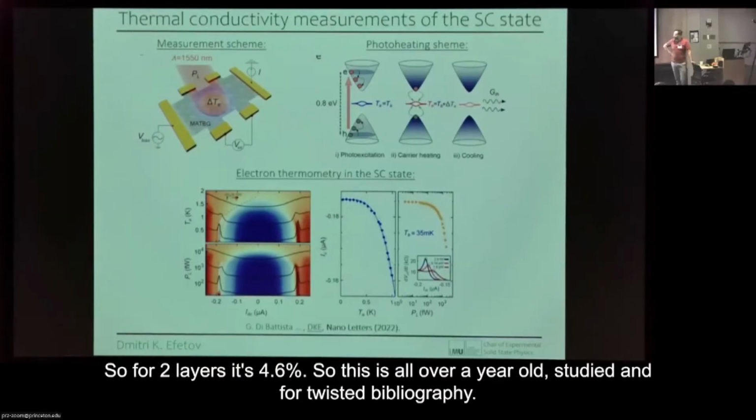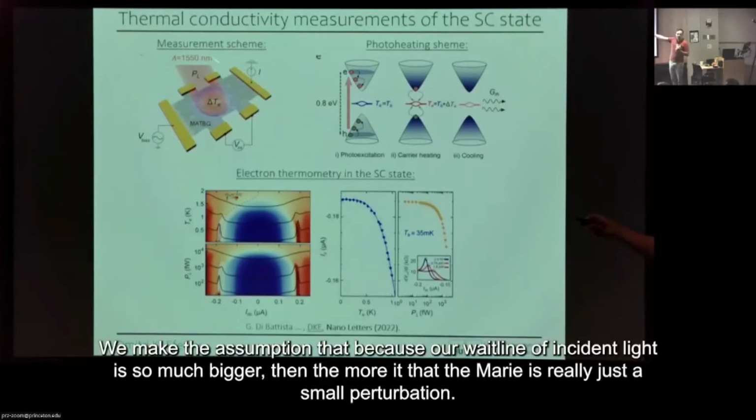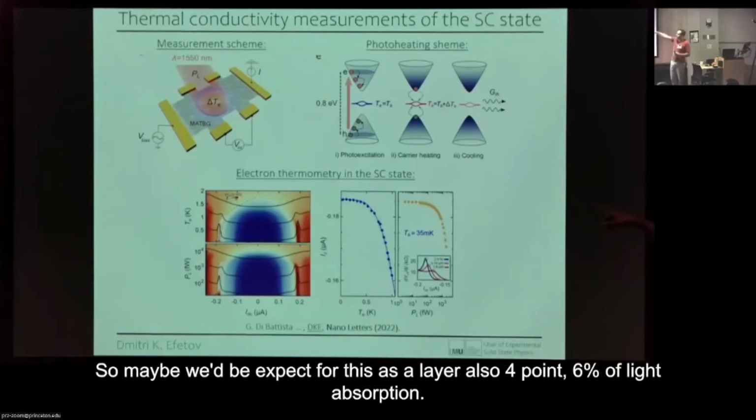This is all very well studied. For twisted bilayer graphene, we make the assumption that because our wavelength of incident light is so much bigger than the moire, the moire is really just a small perturbation. So we expect for twisted bilayer also 4.6% of light absorption. This is how it's calibrated.